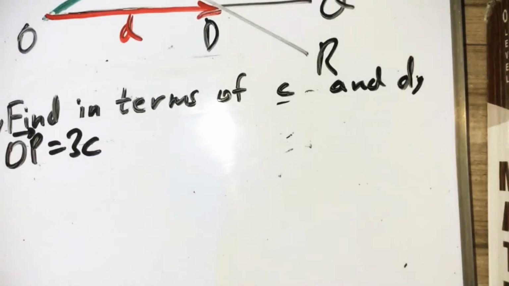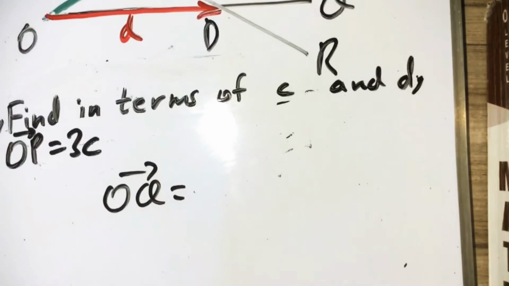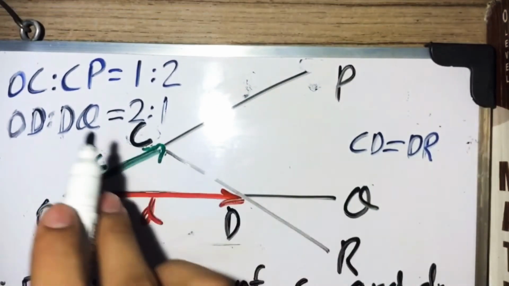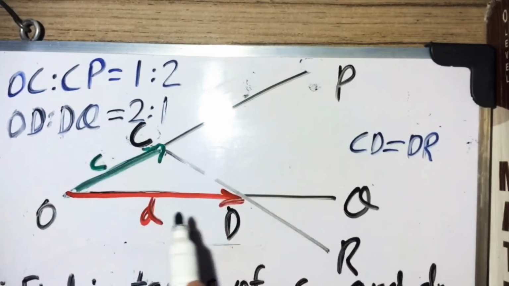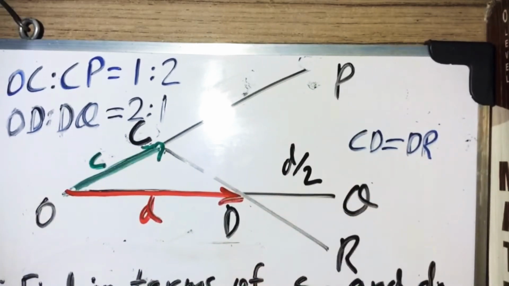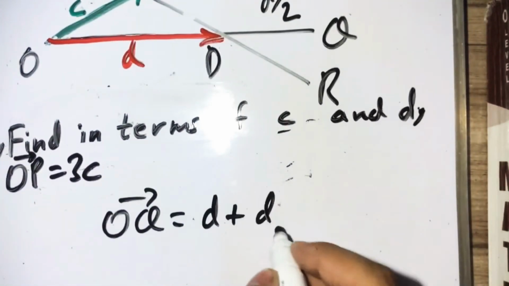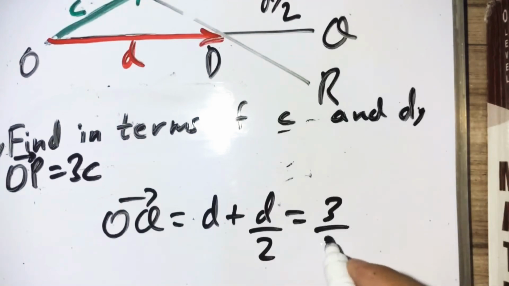Now the next part says find OQ. The ratio of OD to DQ is 2:1. Therefore DQ is half of OD, so DQ is D upon 2. So OQ will be D plus D upon 2, which equals 3 upon 2 D.